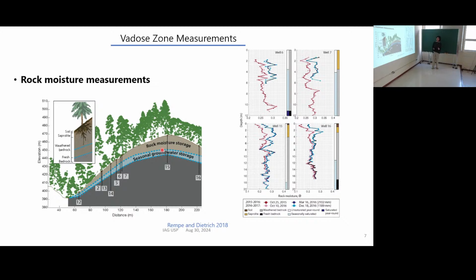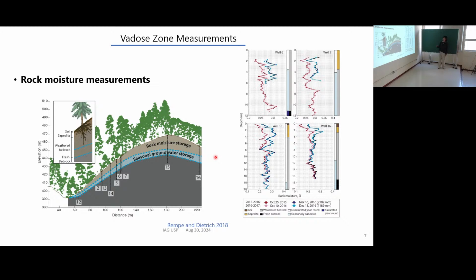bedrock. If we look at the rock moisture variation, this is a quite high-profile paper published by Daniella Rempe and William Dietrich back in 2018 in PNAS.